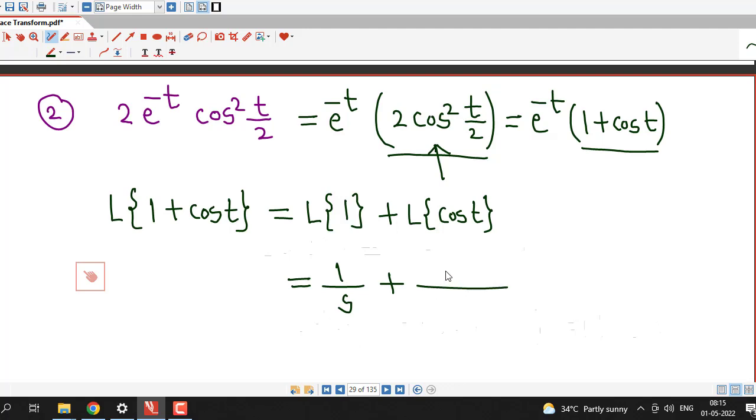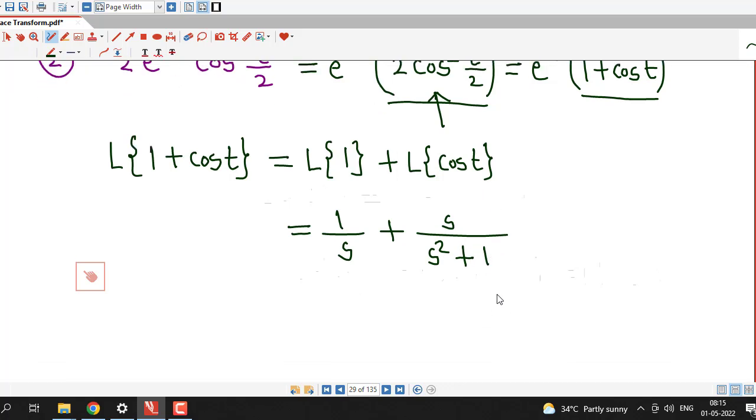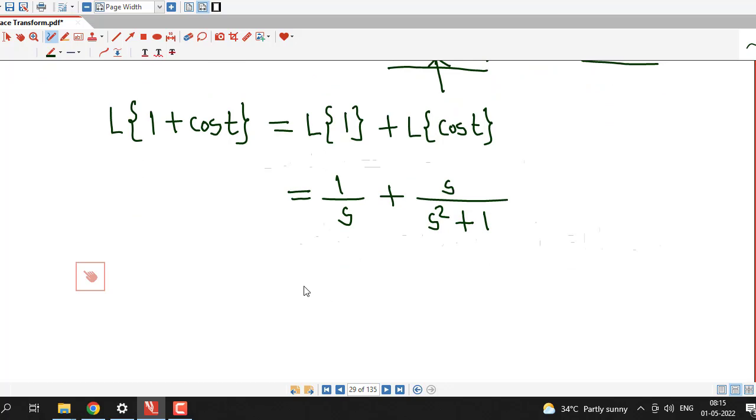Laplace transform of cos at is s divided by s square plus a square. Here a is 1, so 1 square, that is 1, and this we can simplify by taking LCM.